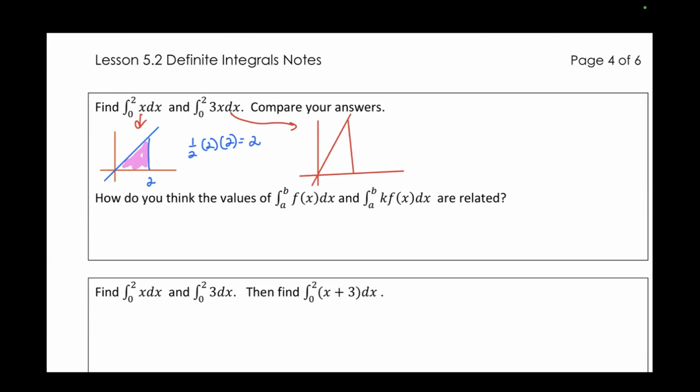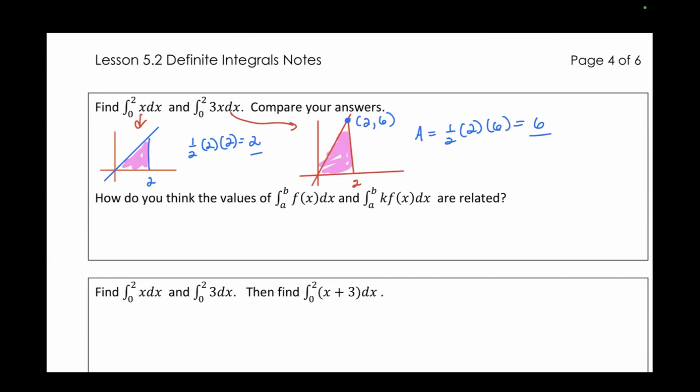Okay, so I'm going from 0 to 2. And so this value here would be 6. So the area would be 1/2, the base is 2, the height is 6, 3 times what the height was before. So that would just be 6. So yeah, look at those answers. It is 3 times as much.